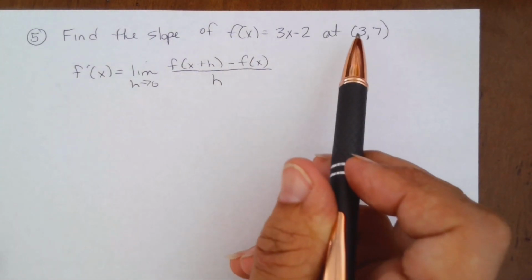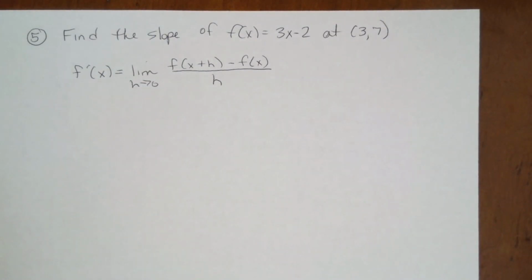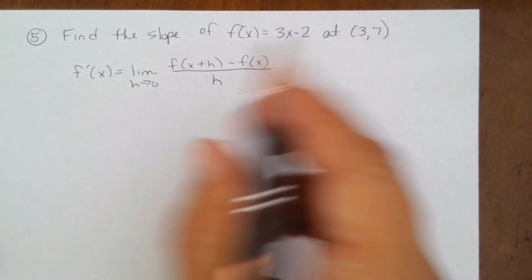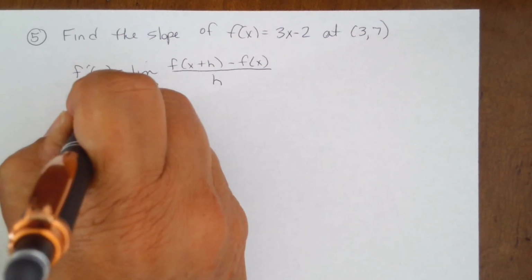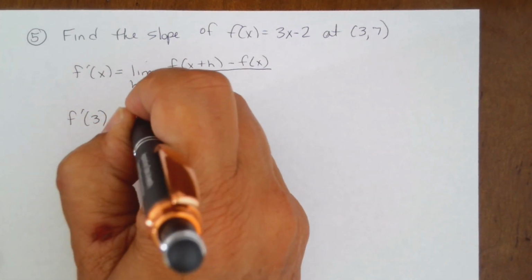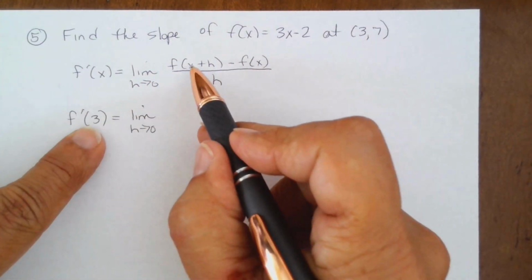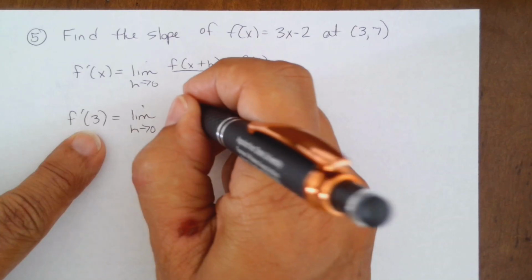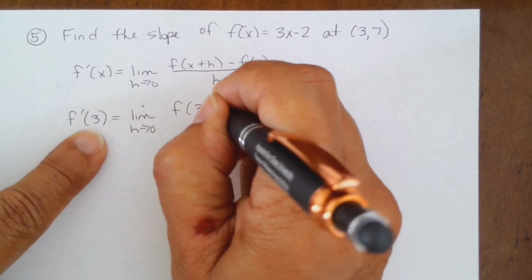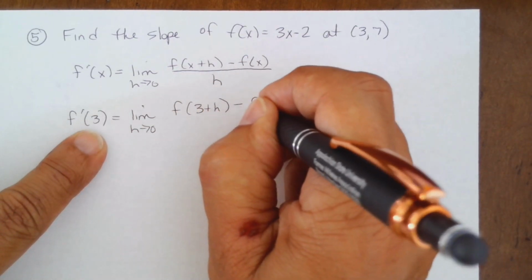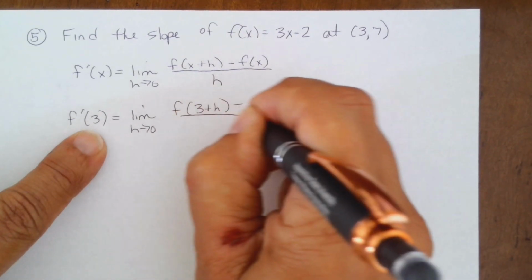So what are we finding? We want to find the derivative when x is 3. So we would find f prime of 3, which is the limit as h goes to 0 of f of 3 plus h minus f of 3, over h.